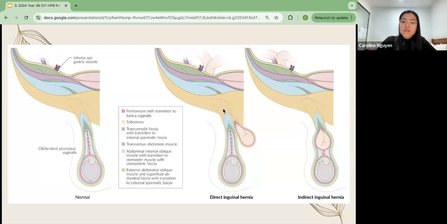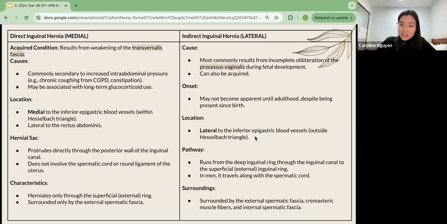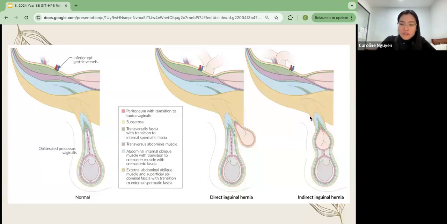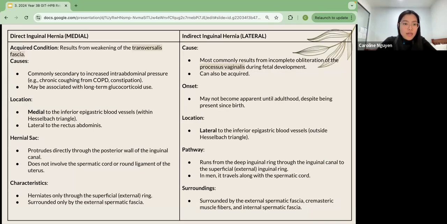So if it's here, it's more an issue of raised intra-abdominal pressure, and that's medial. And if it's lateral, it's a problem with fetal development and the processus vaginalis, which is supposed to stop bowel from coming down here. So the answer was always going to be one of these two.